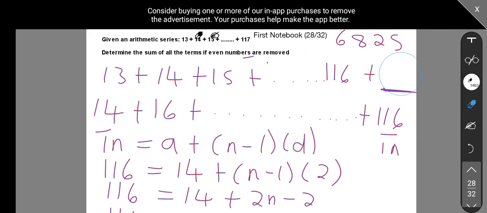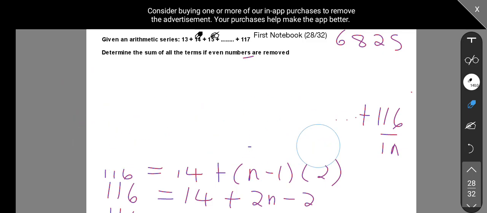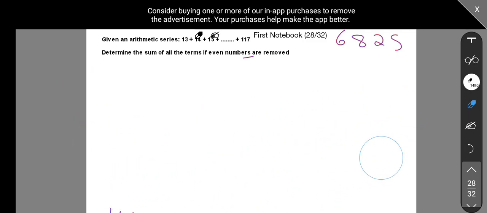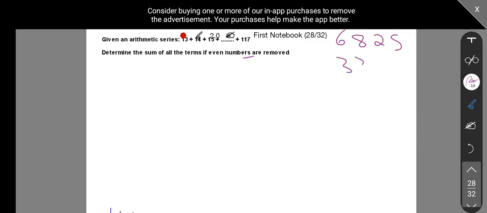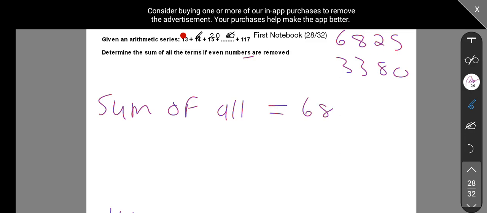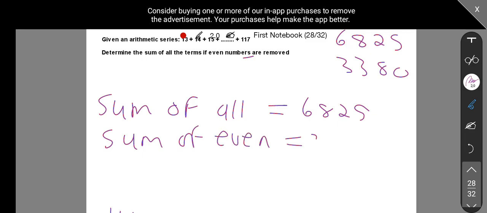Now I want this to be clear to everyone watching this video. It's 3380. So the sum of all the terms is equal to 6825. And the sum of the even numbers is equal to 3380.